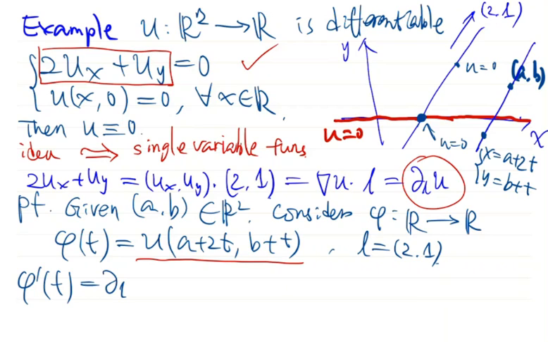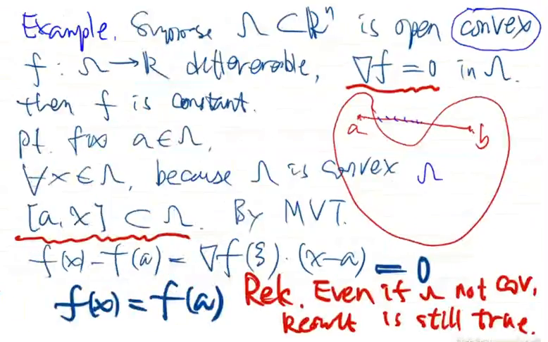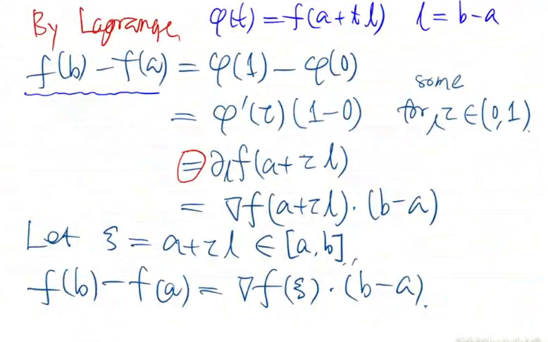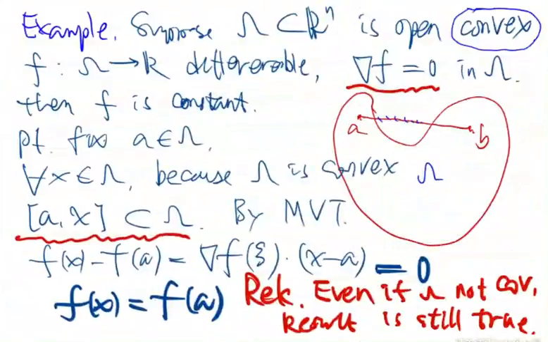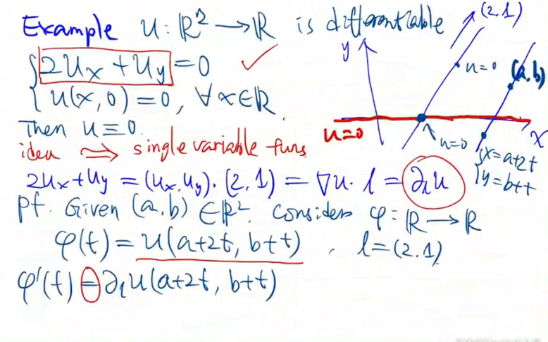Then phi prime(t) is the directional derivative of u in the direction of L at the point (a plus 2t, b plus t). You can check this; the proof is similar to the proof here, and you can go like this to obtain this equality.